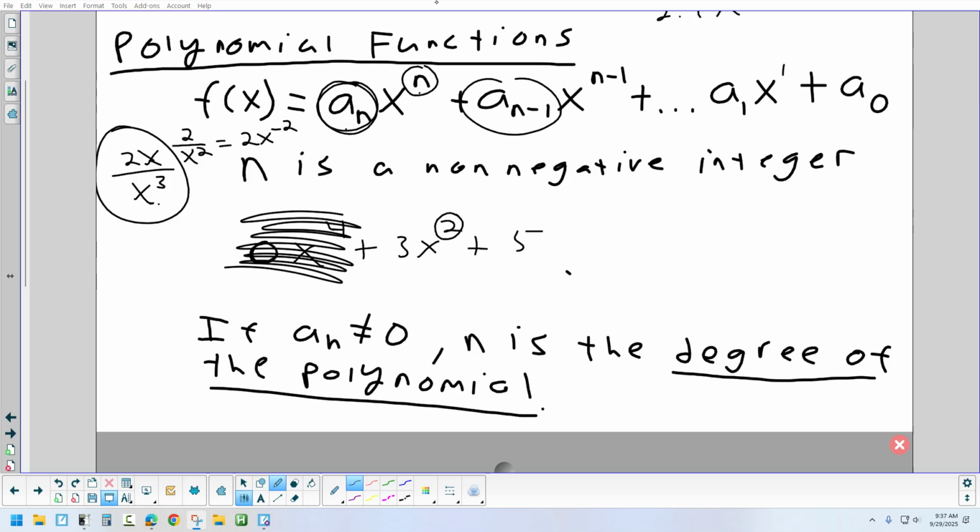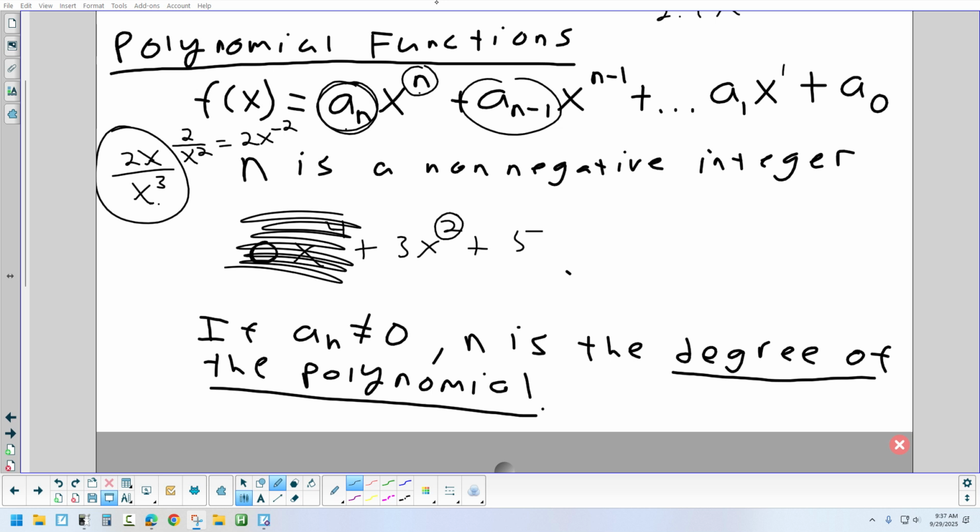What do we call a polynomial that is degree 1? What kind of polynomial has a degree of 1? Marcel? Linear. How about degree 2? What do we call that one? Yeah, Jackson?